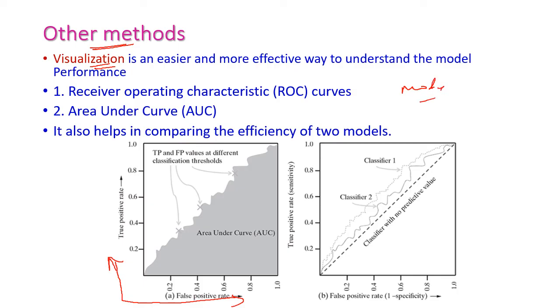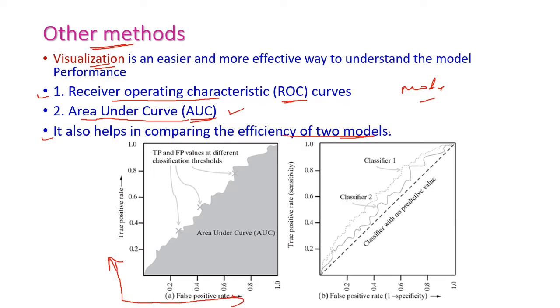Here two methodologies are there. First one is the receiver operating characteristics curve, that is the ROC curve, and the second one is the area under curve, that is the AUC curve. It also helps in comparing the efficiency of two models.